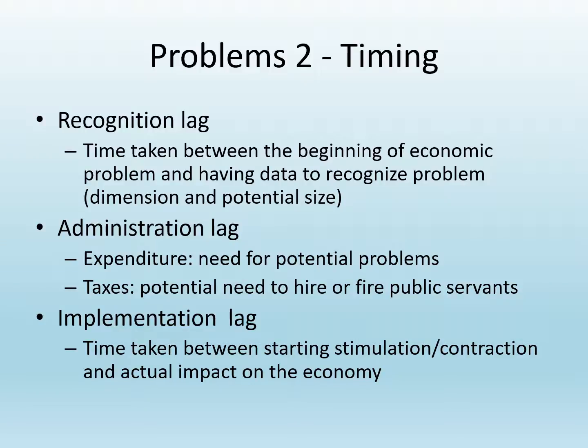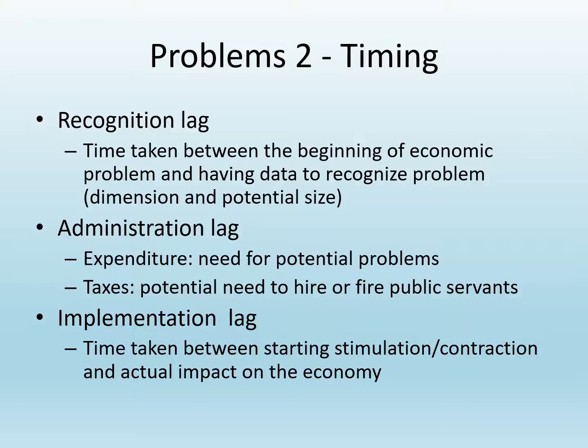So we may have problems emerging in June, and we start building the road in June, but in 1 year's time, or even in 2 years' time, the economy is well through those problems. Yet the stimulation from the road is still continuing for 5 years.